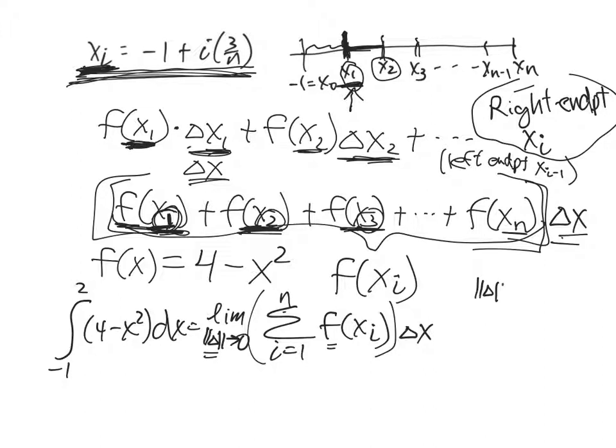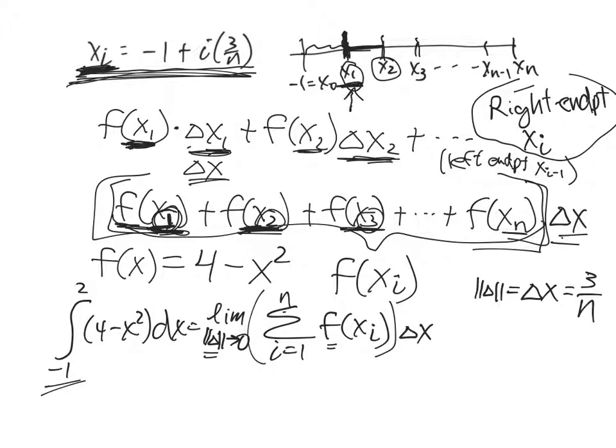The mesh, or the norm, because we chose all of the widths of our subintervals to be equal, the largest one will be the same as every one of them, and that's going to be delta x. And in this particular case, we calculated that to be 3 over n.